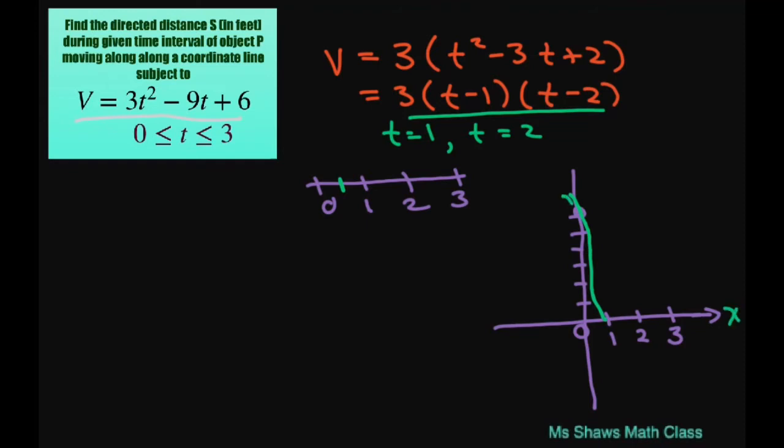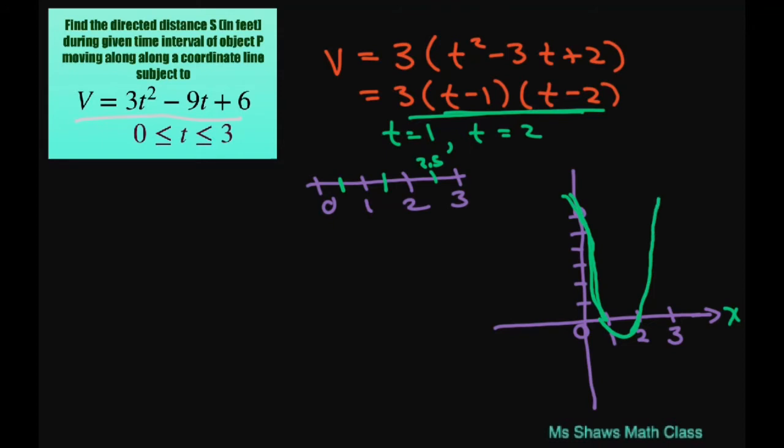I know it's supposed to be straighter like that. Between 1 and 2, say 1.5, it's going to be below the x-axis. And from 2 to 3, if I substitute 2.5 in here, it's going to be positive again, so it's going to go up above the x-axis.